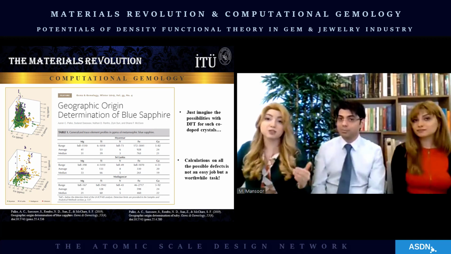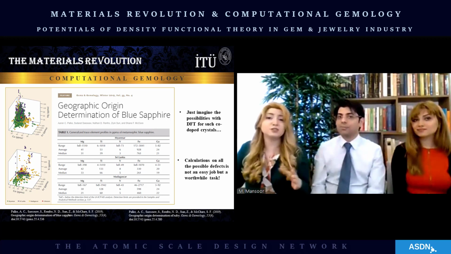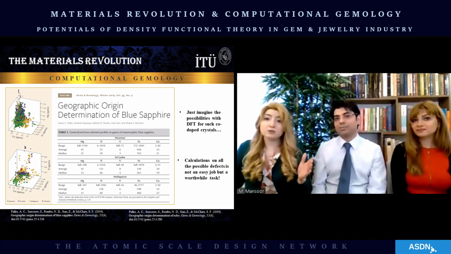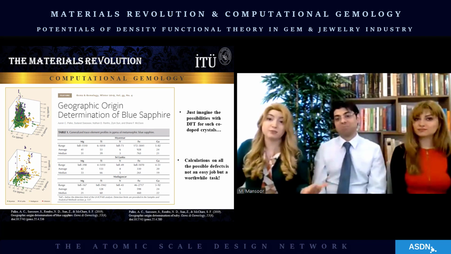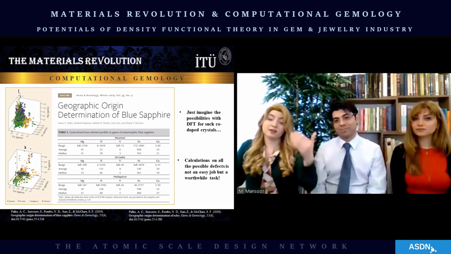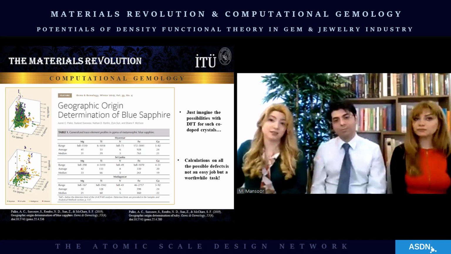And just imagine if we start doing DFT calculations on defects which can occur in sapphire from different localities. These calculations are indeed very challenging and time consuming because they may take decades before completion. And the picture that we can put forth is truly rewarding for everyone within the gem and jewelry industry.